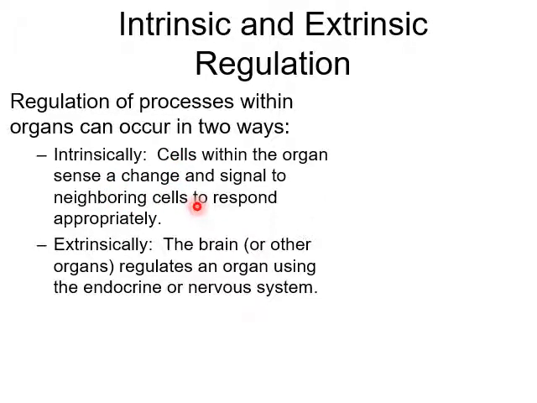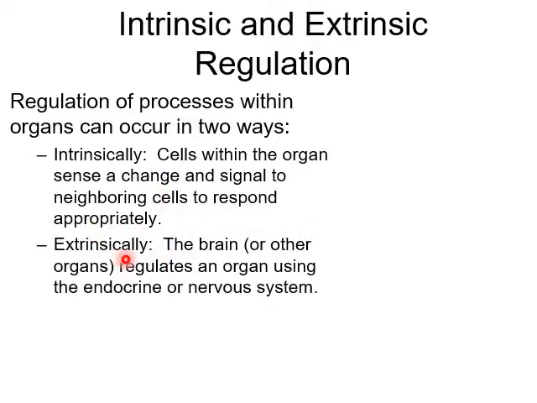So this is very local control. Many times with the arterioles that regulate blood flow to certain organs, your organs will regulate the blood vessels that are near them, but only locally. It won't regulate the blood vessels that are far off in a different organ. It will just regulate the neighboring blood vessels. So intrinsic control is a very local response, controlled by the cells around in that area.